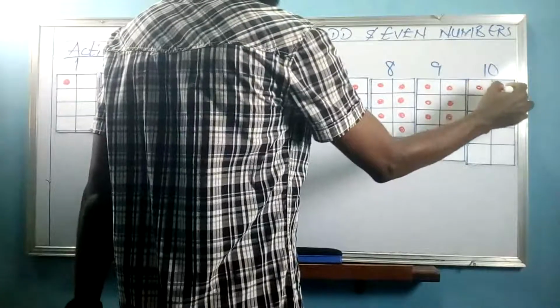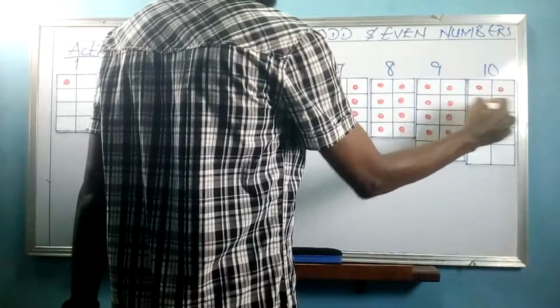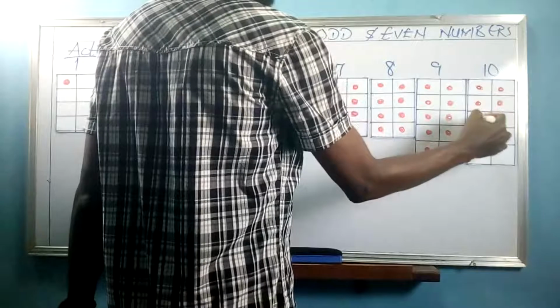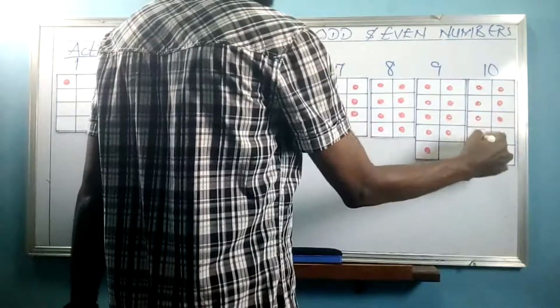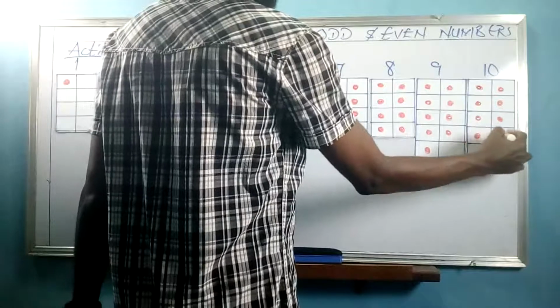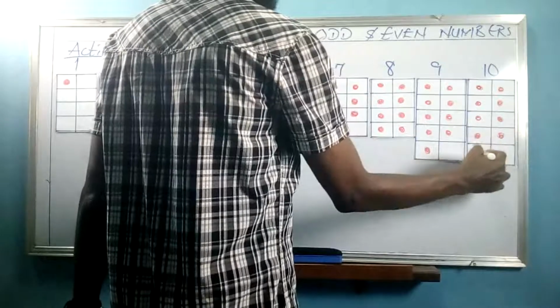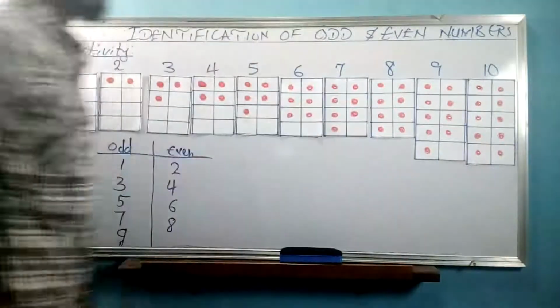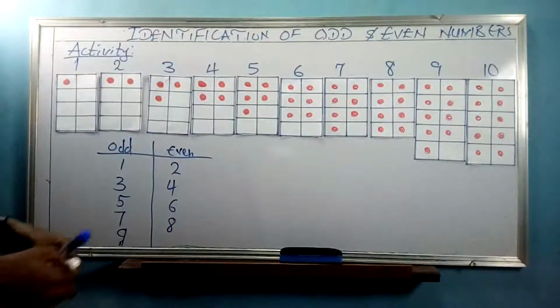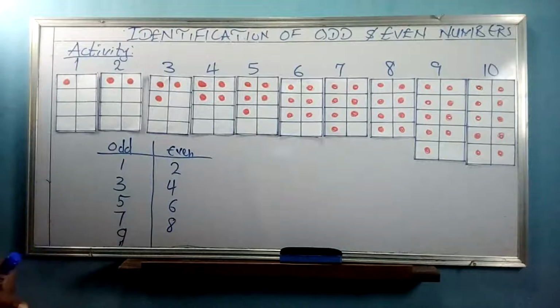1, 2, 3, 4, 5, 6, 7, 8, 9, 10. You can see that 10 completes its own pair, isn't it?